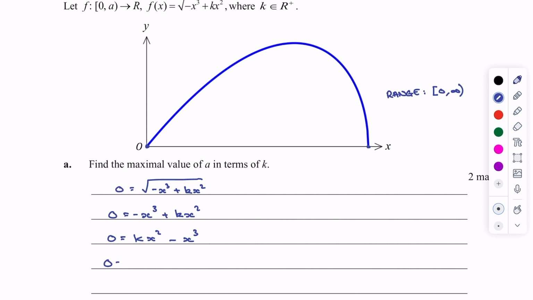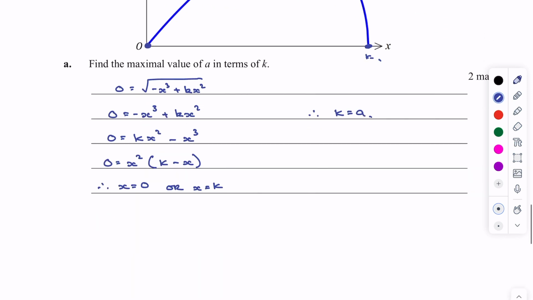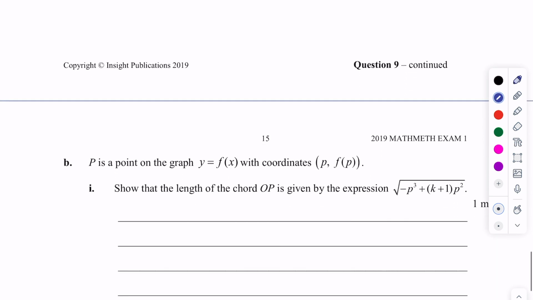And I can take a factor out of here of x squared, and then I can say k minus x. Therefore, x equals 0 or x equals k as a value. Therefore, if I consider that my domain is stretching from 0 to a, and that's what's shown here, I therefore need to say that k equals a.